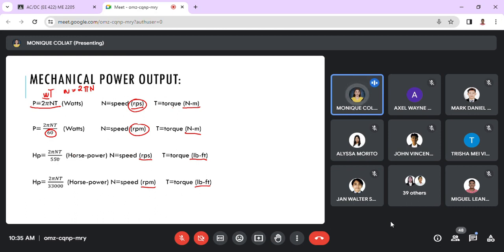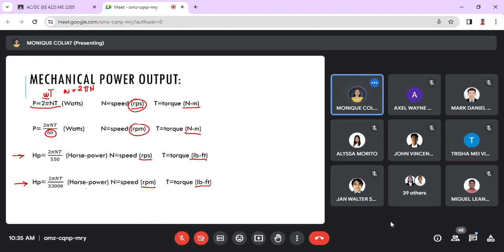You will use this if hinahanap is horsepower and your torque is in pound-foot and your speed is in revolution per second. If your speed naman is in RPM, or revolution per minute, and your torque is in pound-foot, then your horsepower formula will be 2 pi nT over 33,000.